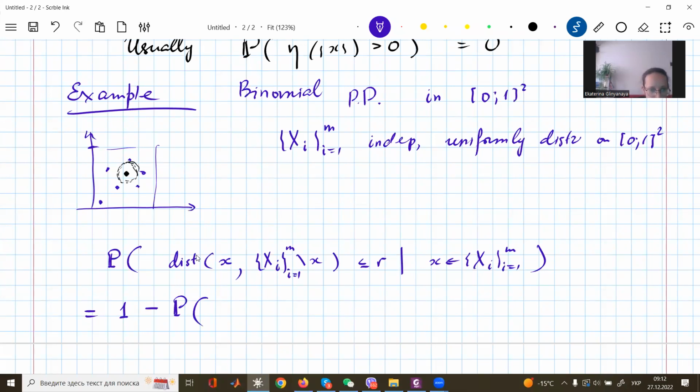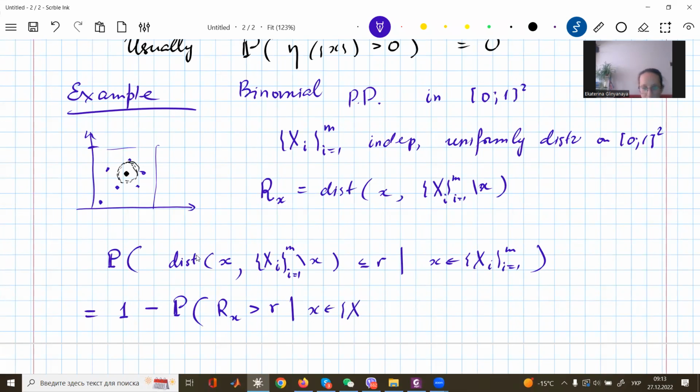Let me denote this distance by R_x, the distance between x and the other points in the point process. So I ask whether R_x is bigger than r under the condition that x belongs to this subset.